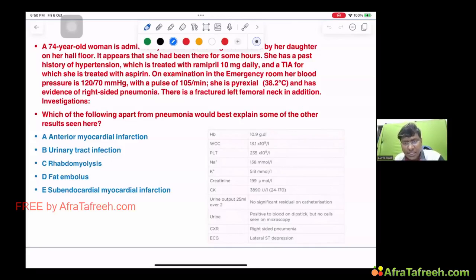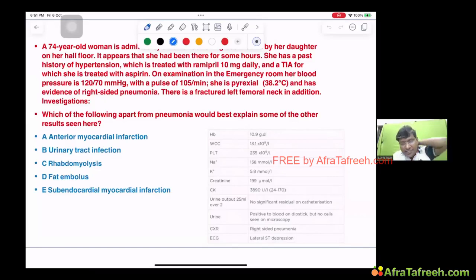Right. Vinita, why don't you think of anterior myocardial infarction? That's what I'm asking. Very good. There is no corresponding ECG change. I have given you the ECG also there. Lateral ST segment depression is there.